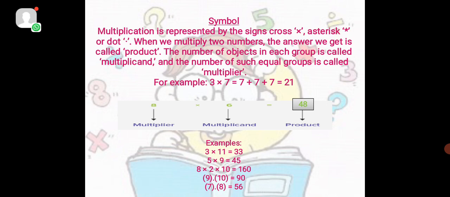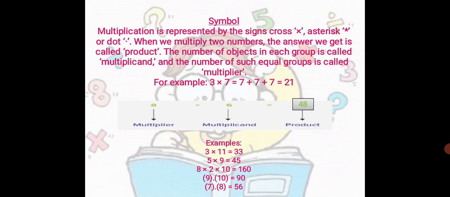As beginners in class 5, we will just use the symbol cross. But at a higher level or in computers, we use the asterisk symbol for the multiplication operation, and at a higher level we just use dot as a symbol for multiplication.